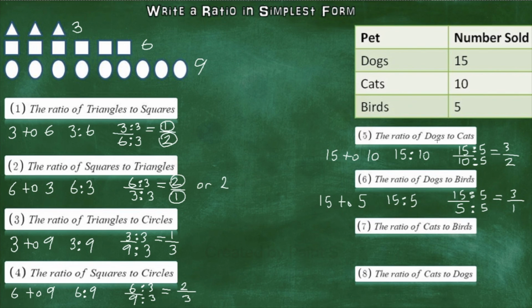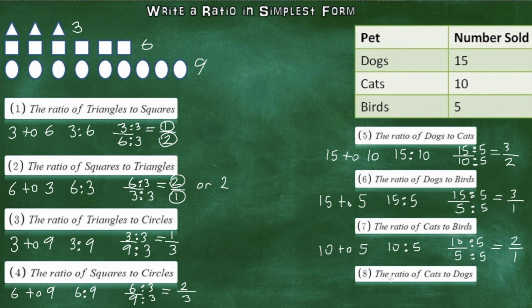So we have 10 cats. They sold 10 cats. 10 to 5. So the ratio of cats to birds is 10 to 5. We can write that expression as 10 to 5 or 10 over 5. And if we simplify that by 5, it will be 2 over 1.